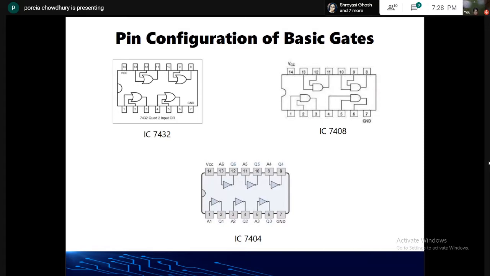But in the case of 04, as it has a single input and single output line, we have 1 as input, 2 as output, 3 as input, 4 as output, 5 as input, 6 as output, 9 as input, 8 as output, 11 as input, 10 as output, and 13 as input, 12 as output. So from the chip configuration, for 08 and 32 we have 4 gates of AND and OR, but in the case of NOT, that is 04, we have 6 NOT gates. Is it clear?